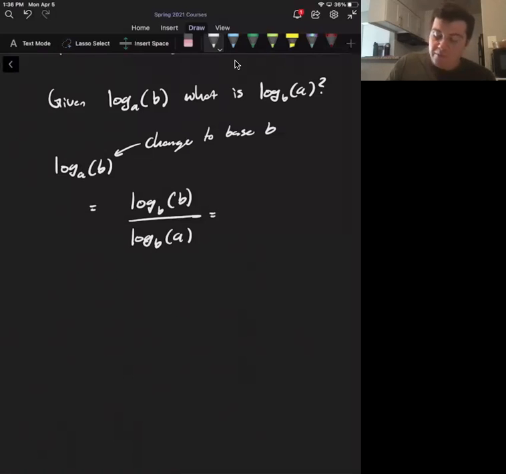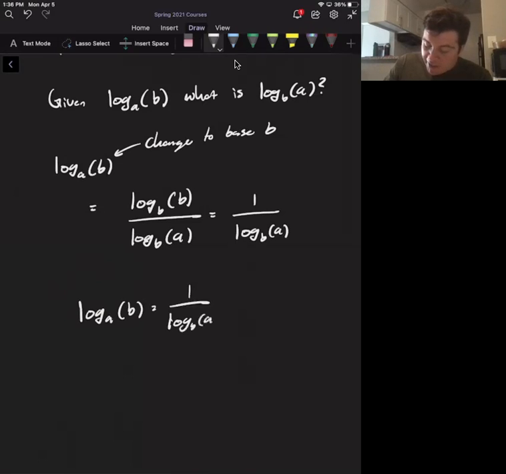And then one of our properties of logs is that log B of B is just 1. So this comes out to 1 over log B of A. So that's actually pretty nice. Log A of B equals 1 over log B of A.